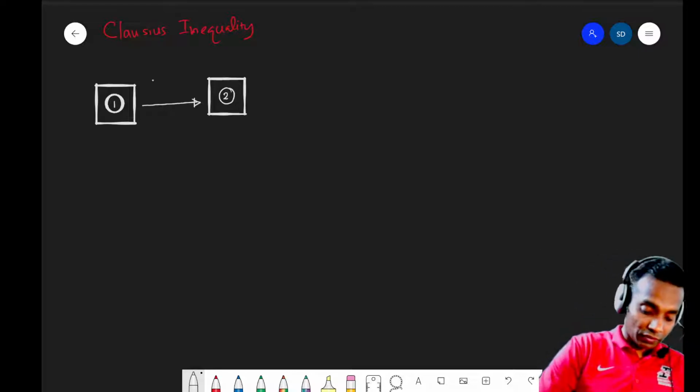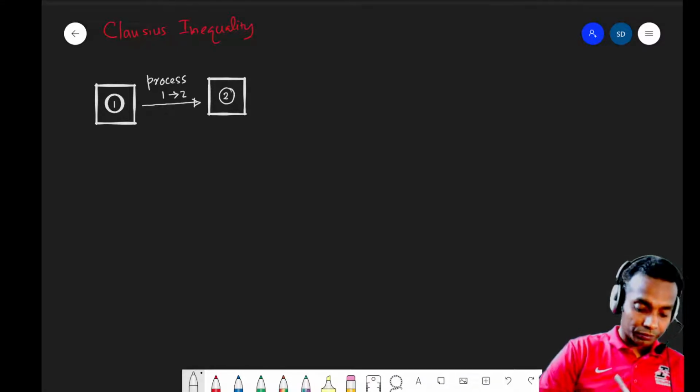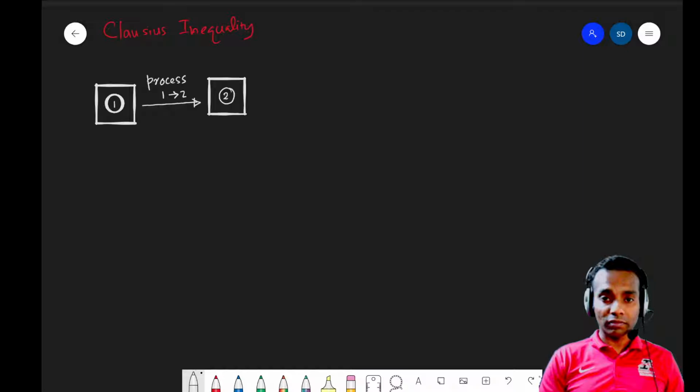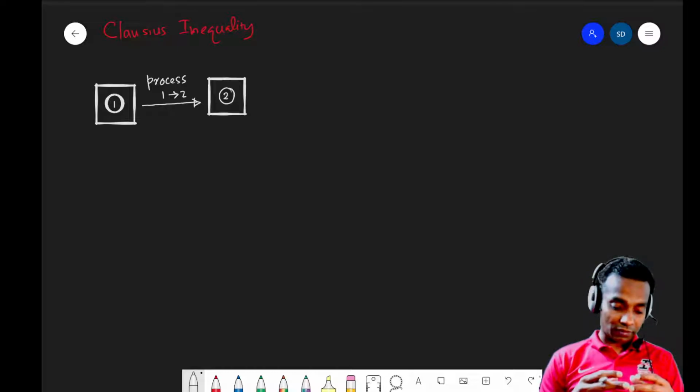So this thermodynamic process is called process 1 to 2. Now to complete the cycle, we can always come back to the initial state from state 2 to 1. That also completes the smallest cycle in thermodynamics.